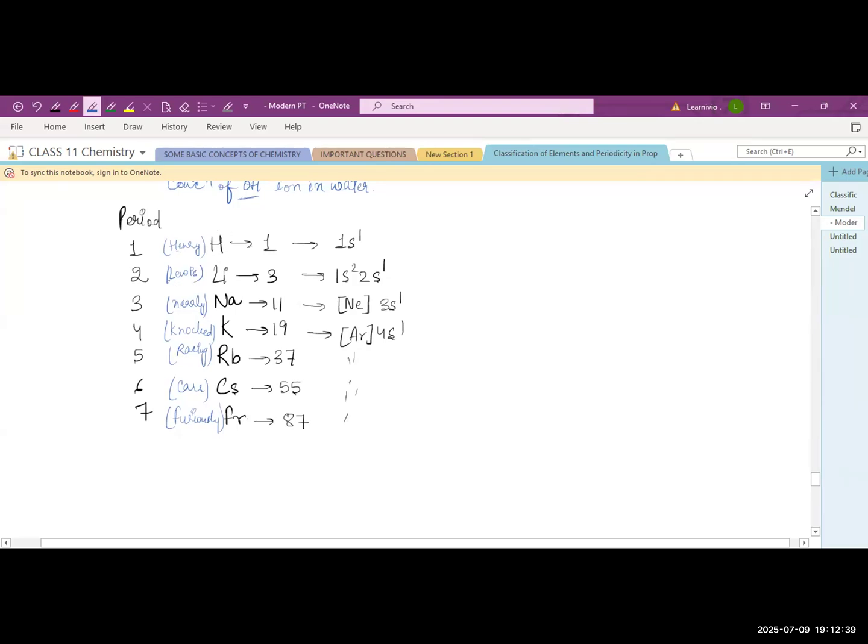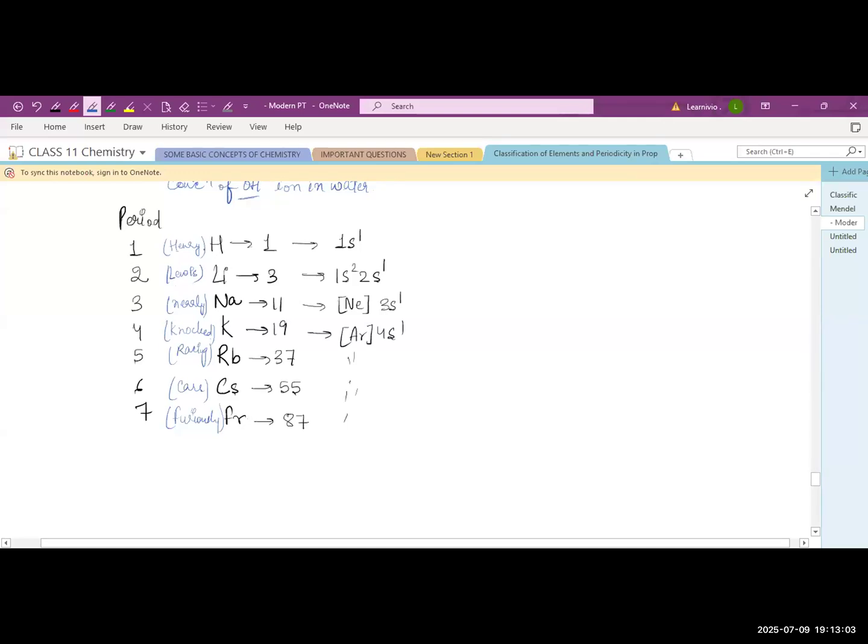Henry for hydrogen, Lewis for lithium, nearly for sodium, knocked racing cars furiously. This is one of the mnemonics. You can also set mnemonics according to your own ease, in your own language, so it will be easier to remember the periodic table group wise.